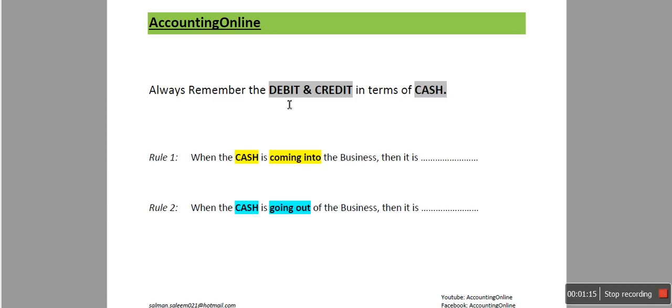This is what my teacher told me, and it has worked really well for me. Rule number one: when the cash is coming into the business, then it is debit. And when the cash is going out of the business, then it is credit.